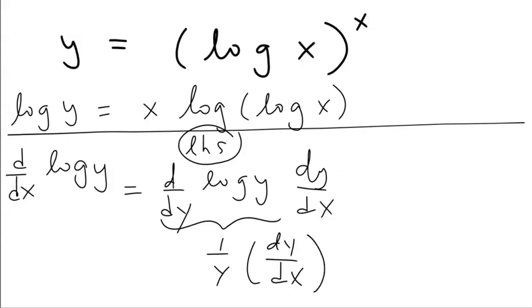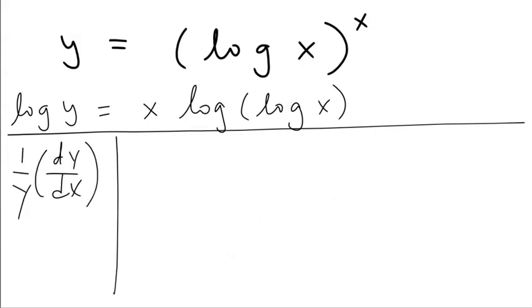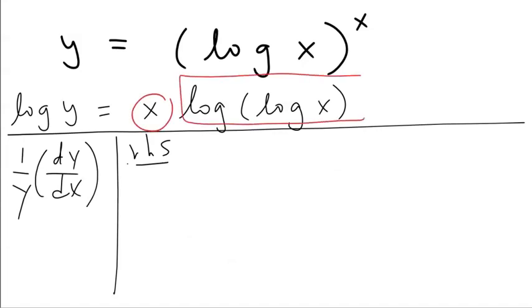As simple as that for the left hand side. Now let's differentiate the right hand side. The right hand side has two functions. One is x, the other one is log of log x. If you use the product rule, let's first differentiate x with respect to x. That's going to give you 1.